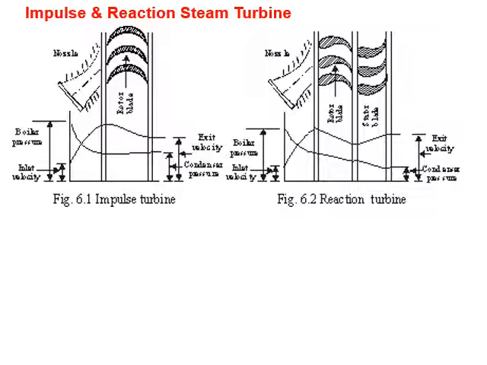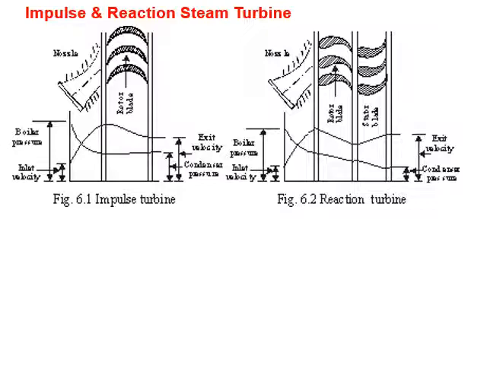There is a nozzle. Steam from the boiler at higher pressure is supplied through the nozzle, then it flows through the rotating or moving blades. In an impulse turbine, the construction of the blades is symmetrical.